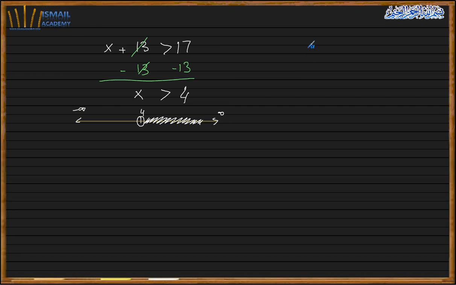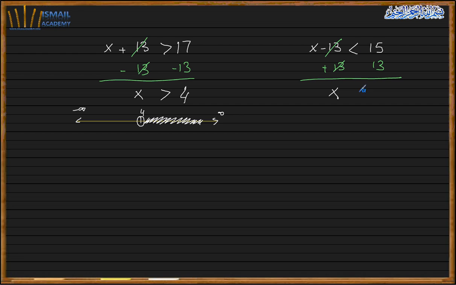For example, if I have x minus 13 is less than 15, what I do here, I have minus, so I add. When we add, 13 minus 13 is cancelled out, so what's left is x.